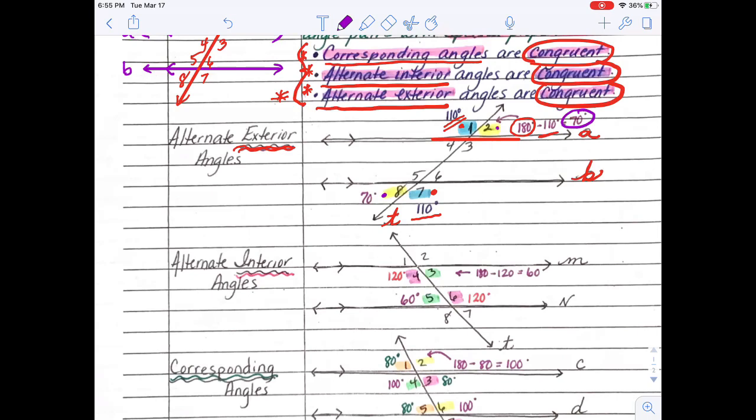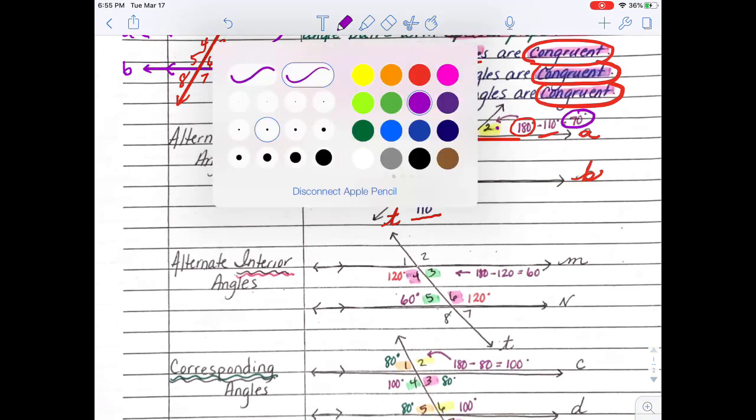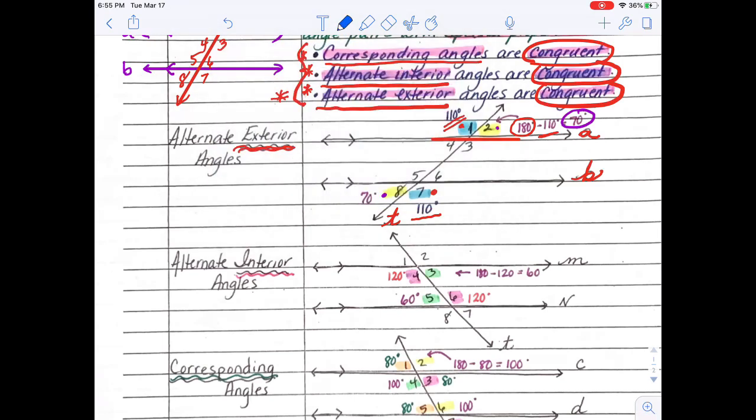And remember, yesterday you talked about vertical angles. Vertical angles you found out were congruent. So now, isn't 8 vertical to 6? So you now know 6 is 70 degrees. 2 is vertical to 4, so you now know 4 is 70 degrees.